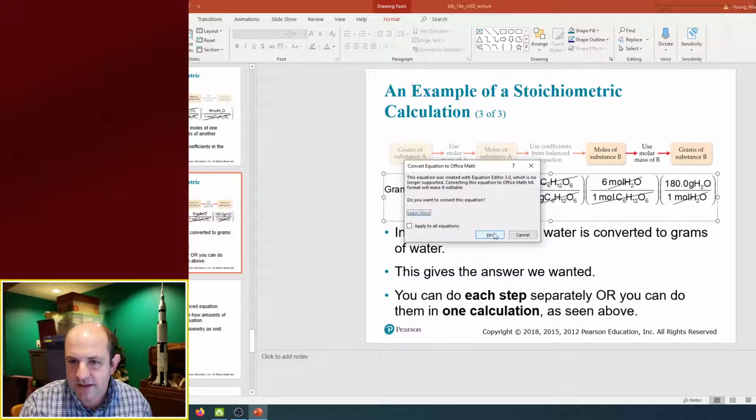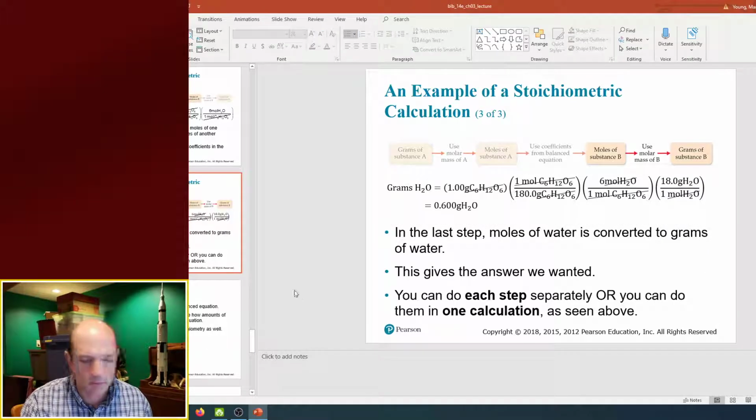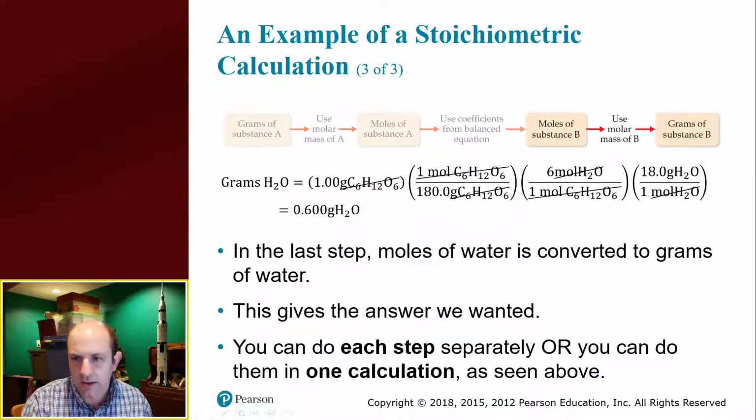They had messed up Avogadro's number in an earlier one. It was very disappointing. 18. There we go. 18 grams of water for 1 mole of water. And so that will then work out. And so if we do our last step here, that's how it is.